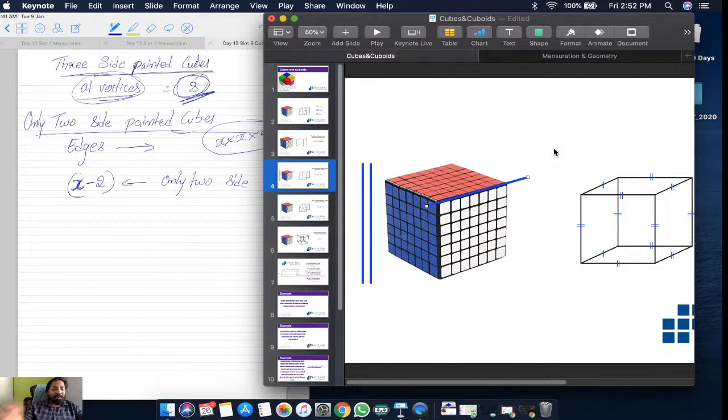Like this, how many edges are there in this cube? Impure Soul says there are 8 edges.